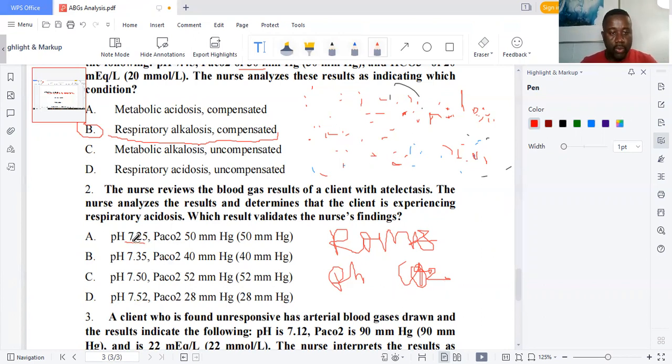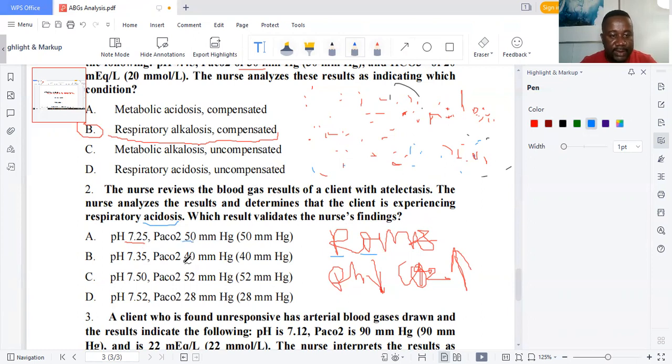Now, pH is low, of course, for acidosis. So we have to choose the one that has a high carbon dioxide. pH is low, carbon dioxide has to be high. Respiratory opposite. So now we have identified acidosis, which means the pH has to be low. Our carbon dioxide now has to be high. So we look between B and A. Which one has a higher carbon dioxide?